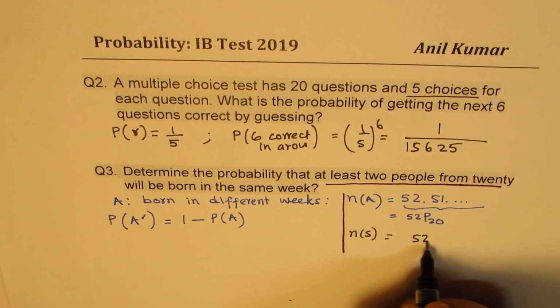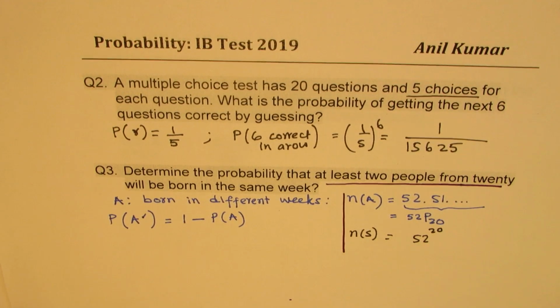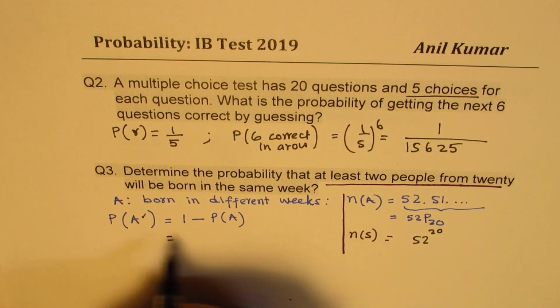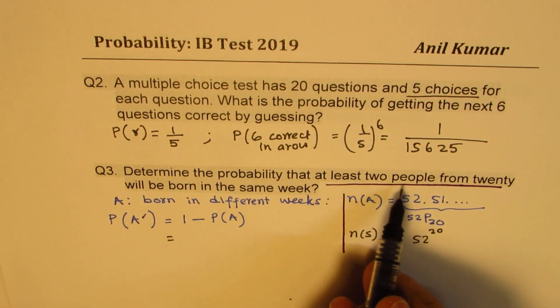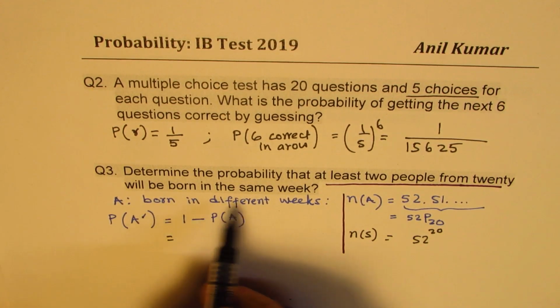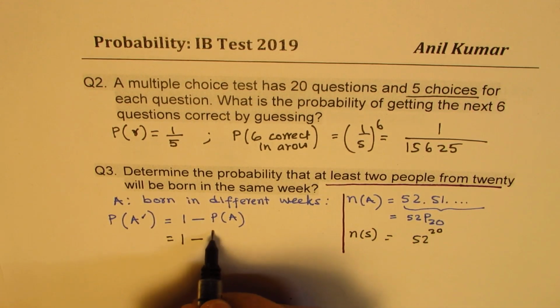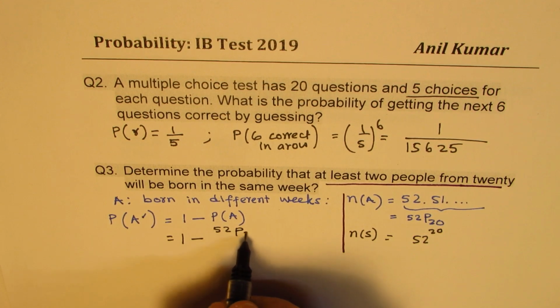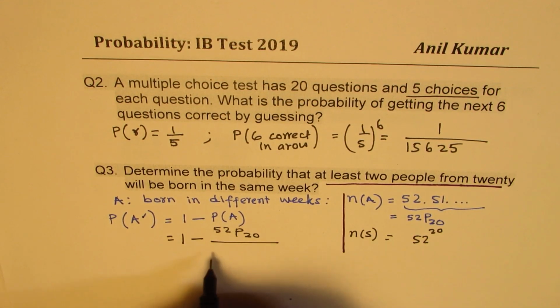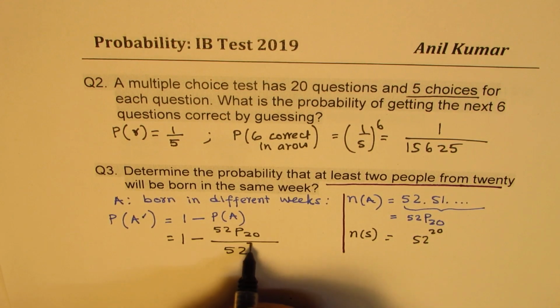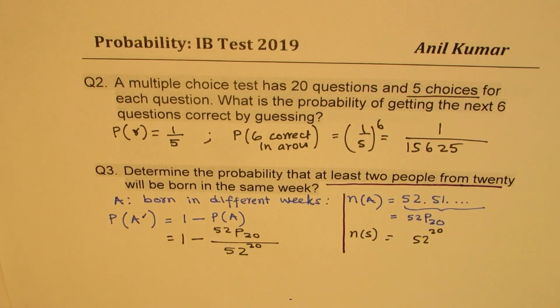So it will be 52 to the power of 20. So the probability of at least 2 people being born in the same week will be 1 minus 52 P20 divided by 52 to the power of 20. Correct? That is what we're looking for.